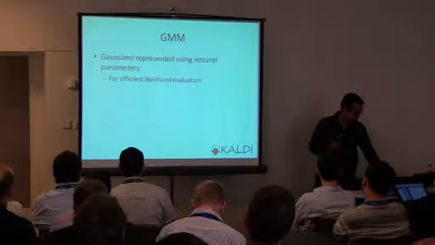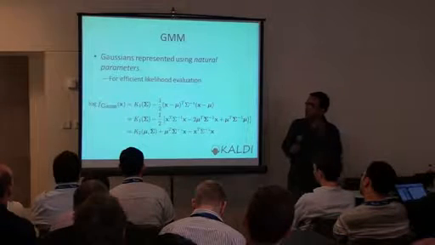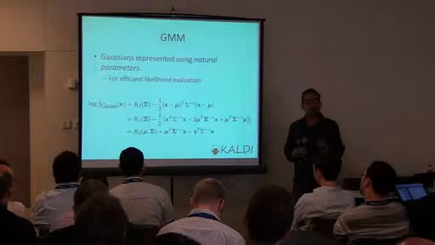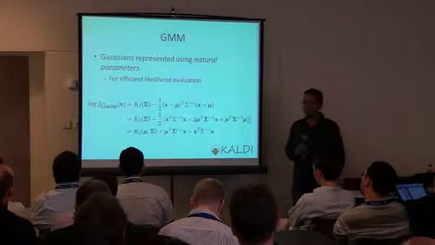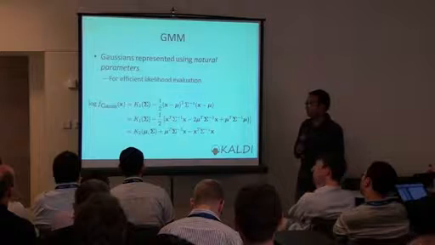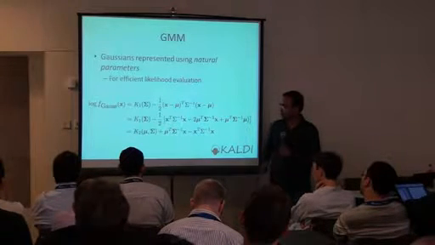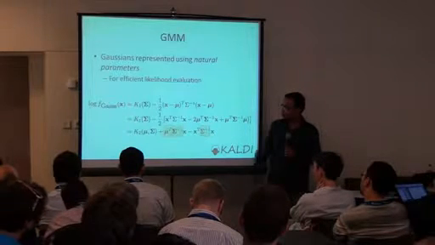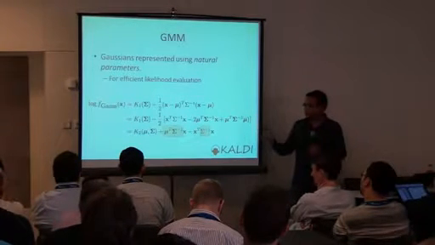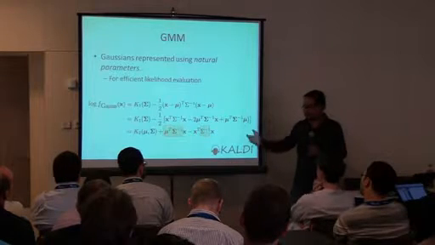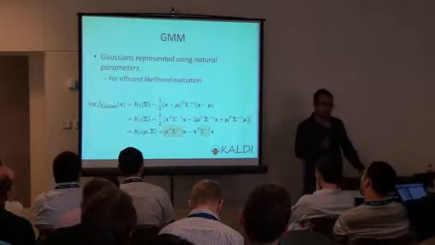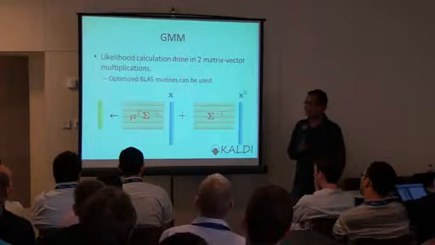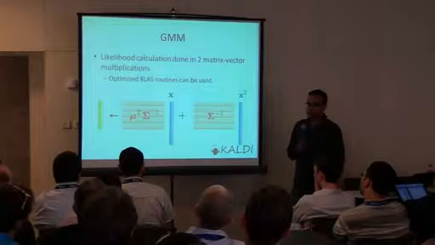The GMMs are parameterized using the natural parameters, in the sense of the natural parameters of an exponential distribution, where if you write out the likelihood calculation, you get these two things: the mean times the inverse of the covariance, and the inverse of the covariance are the natural parameters of your GMM. The reason for doing that is that you can then do the likelihood calculation using just two matrix-vector multiplications.